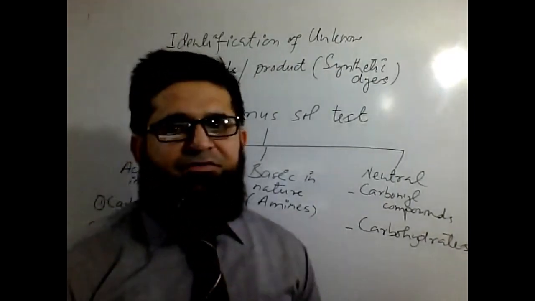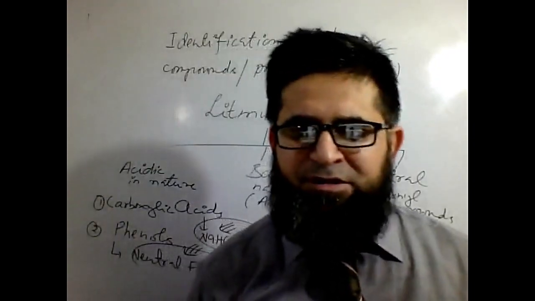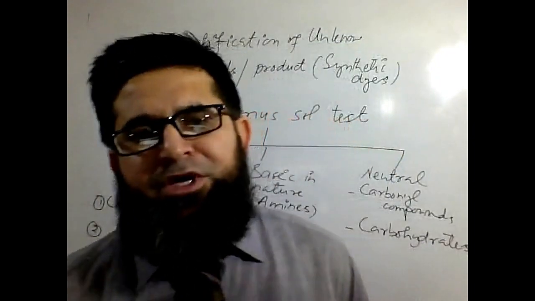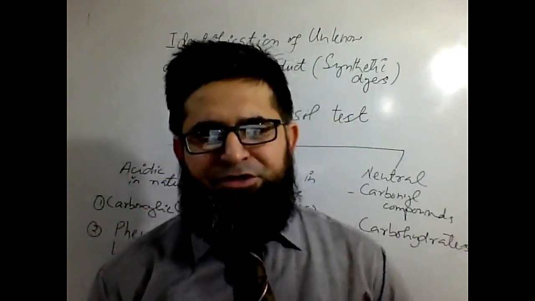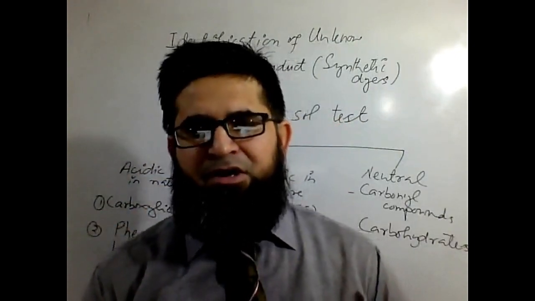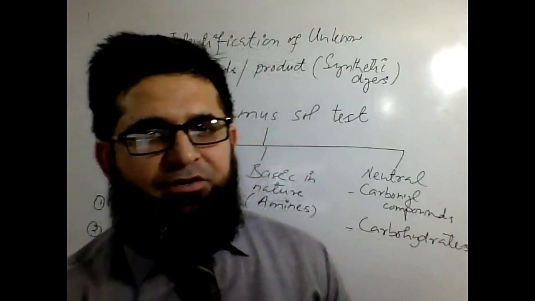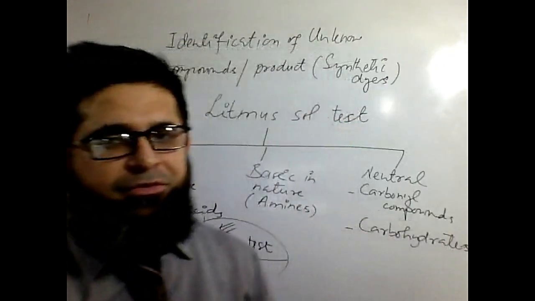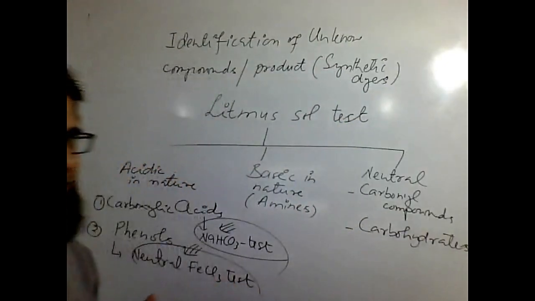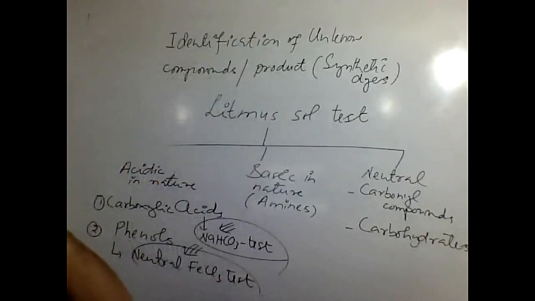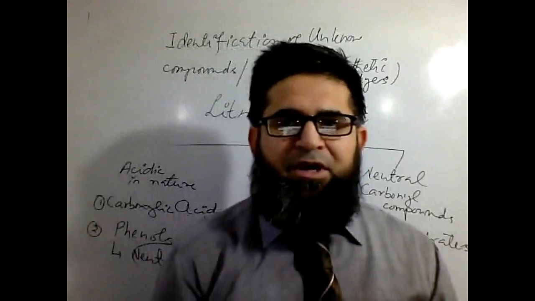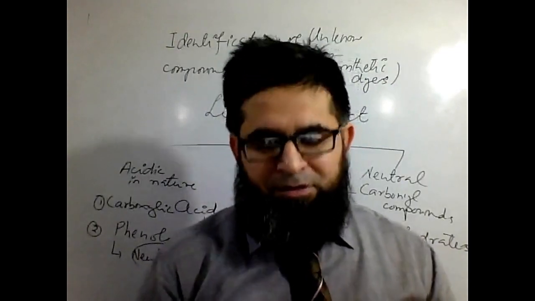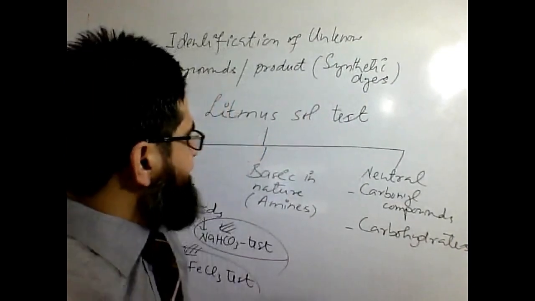In my previous lecture, I explained to you guys the bromine water test confirmed the presence of unsaturation, means the presence of double or triple bond in the given unknown compound. That could be identified using bromine water test.